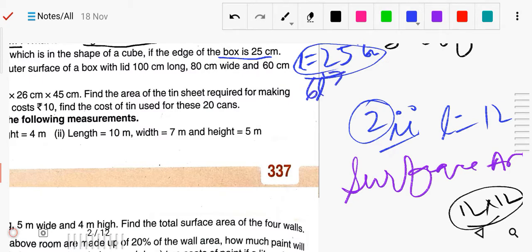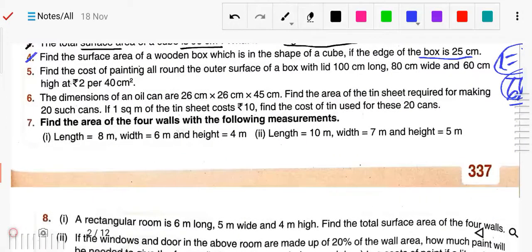You can put in the value: 6 into 25 into 25, multiply, and get the answer.